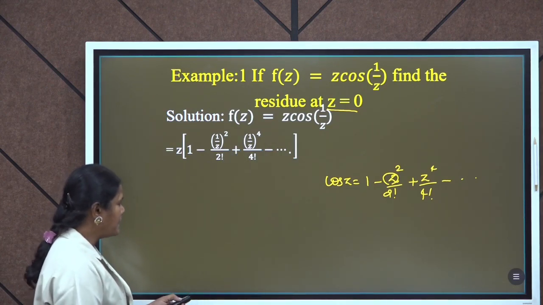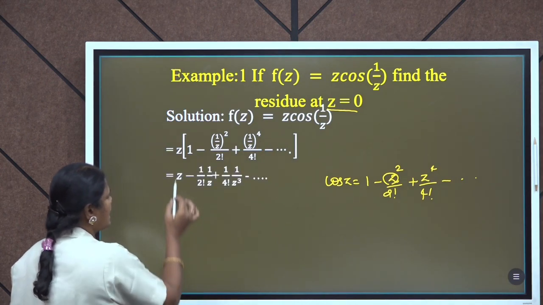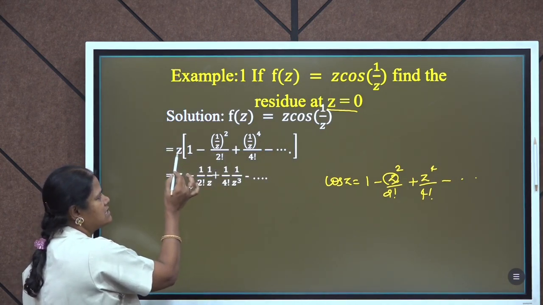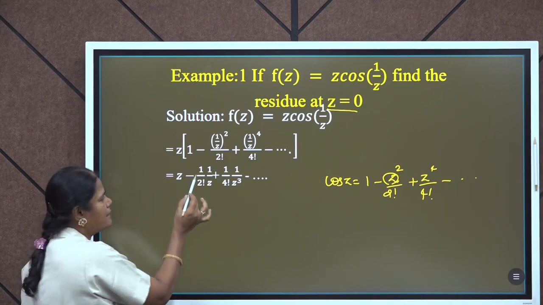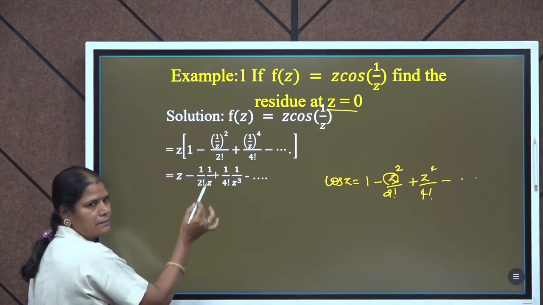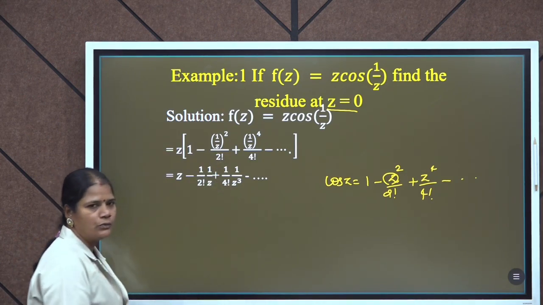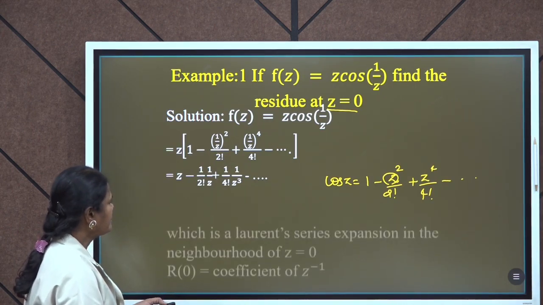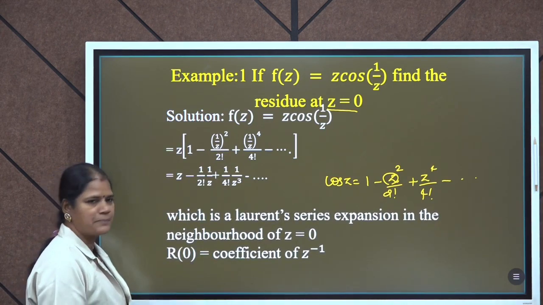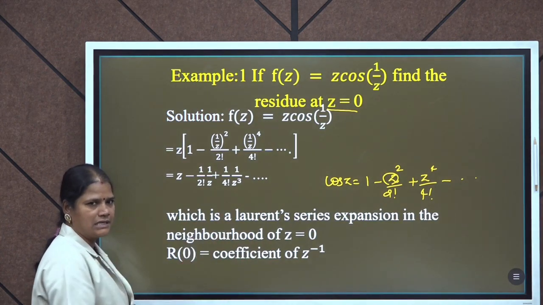After multiplying z with each term, we get z minus 1 by 2 factorial into 1 by z plus 1 by 4 factorial into 1 by z cube minus, etc., which is a Laurent series expansion in the neighborhood of z equal to 0.